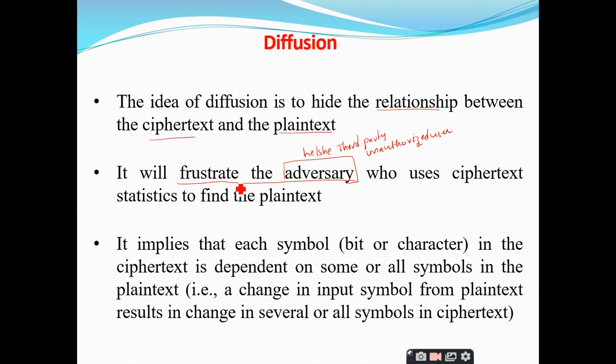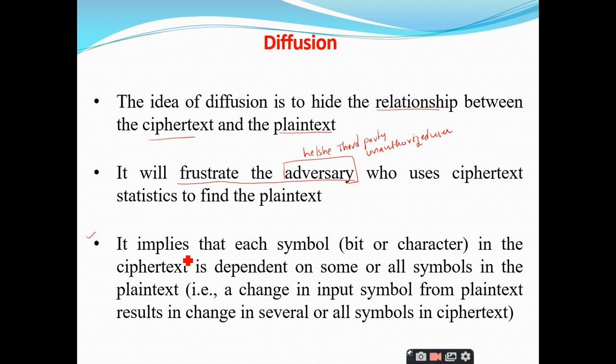This diffusion property will frustrate the unauthorized users who try to make use of the statistics of the ciphertext to find the plain text. So it will simply confuse the third party unauthorized user. That is what diffusion actually is.